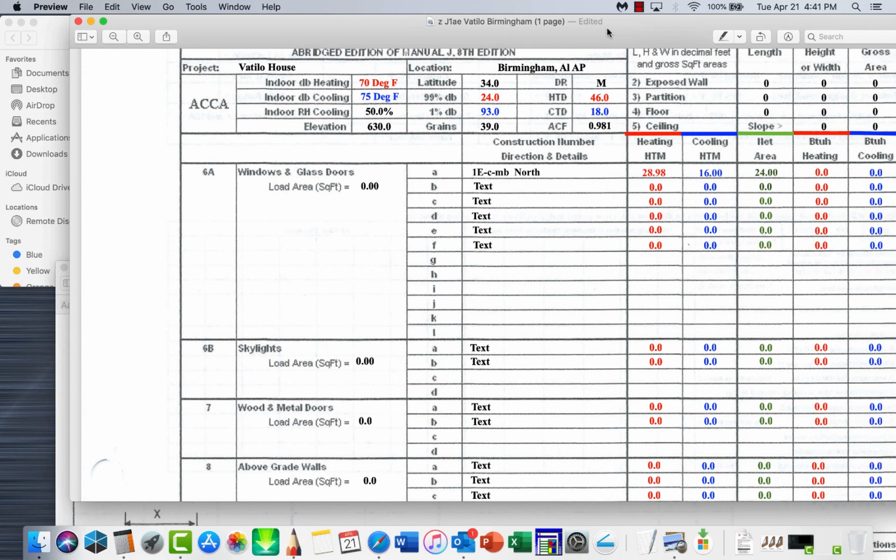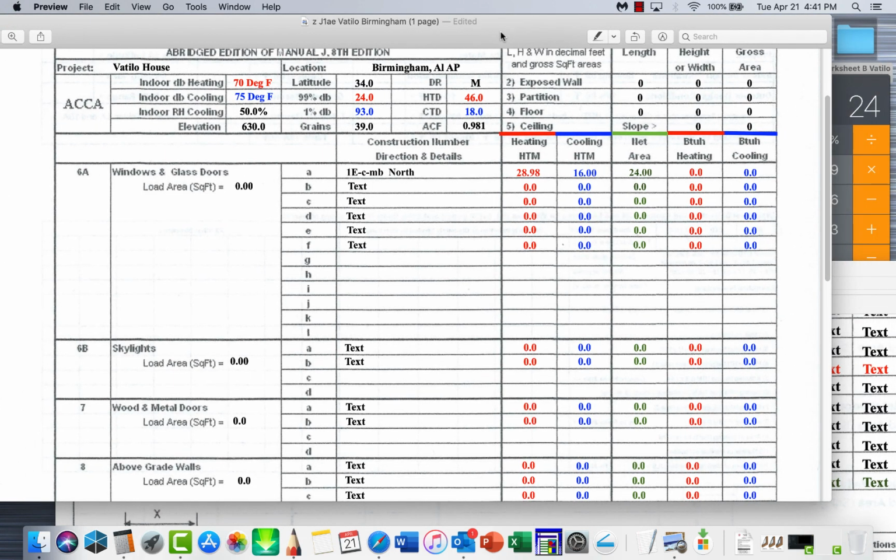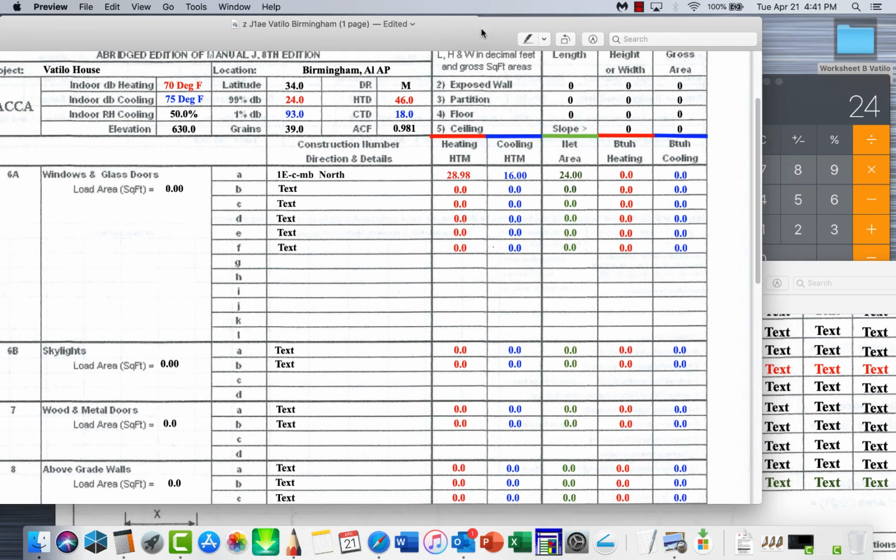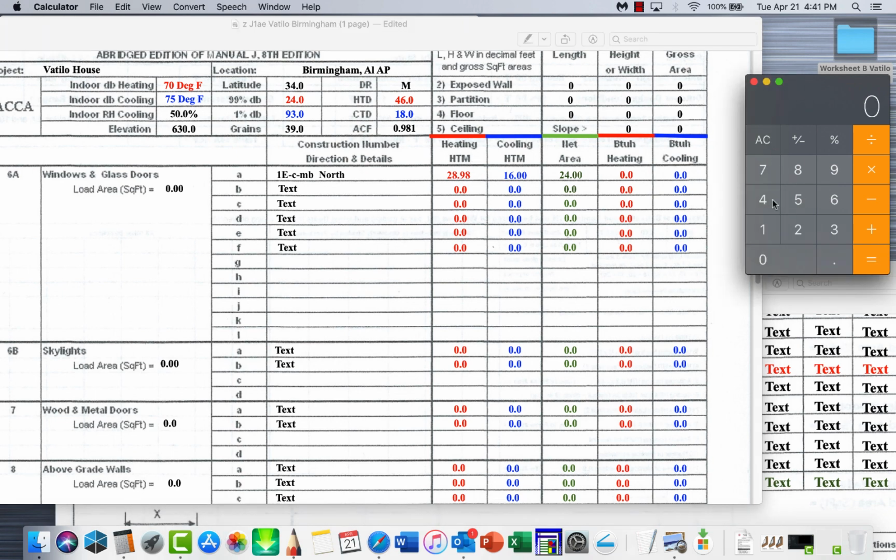Now, all that's left to do is to finish the calculation. And it's real simple right here. All you're going to do is take this number here, your heating, times the square footage of it, and that's going to give you BTUs. And then you're going to take your cooling times the square footage of it, and that's going to give you BTUs. So let's do this one first. Get my calculator up here so everybody can see. 28.98.